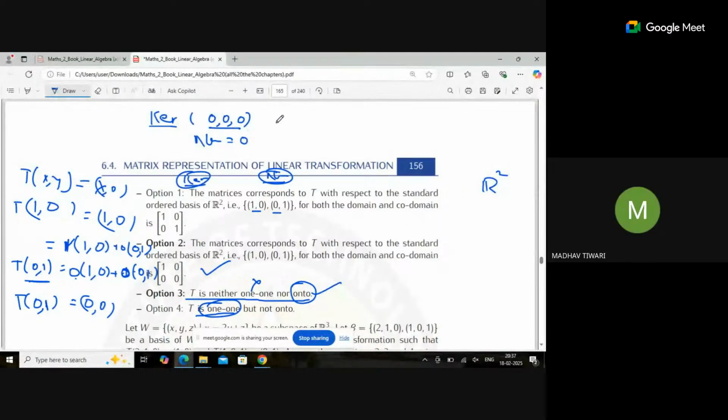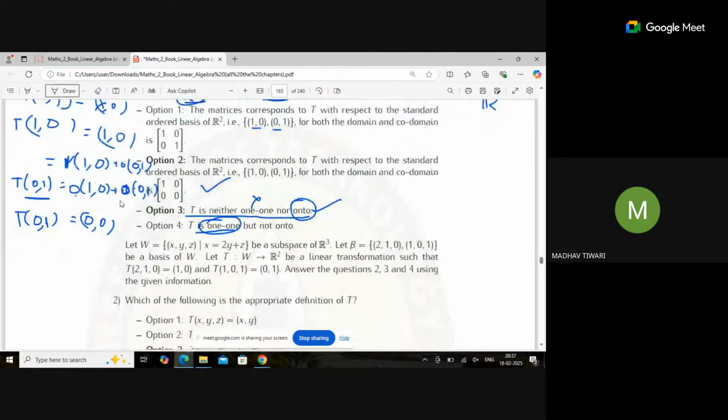If you have any other vectors or any other dimension, its nullity is more than zero. Then you can say it is not 1-1, because nullity greater than zero means more than one vector has the zero vector as its image. So there is more than one pre-image of a point, and those vectors belong to the kernel space. That's what I said.